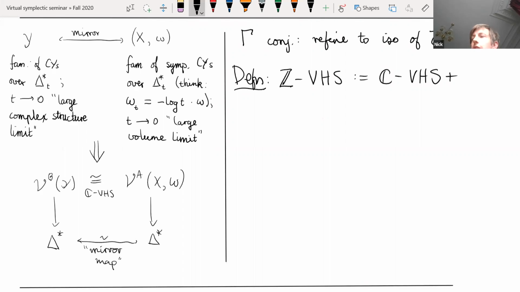So a Z variation of Hodge structures is defined to be a complex variation of Hodge structures together with a lattice of flat sections.